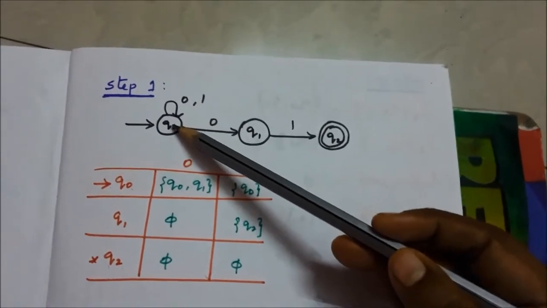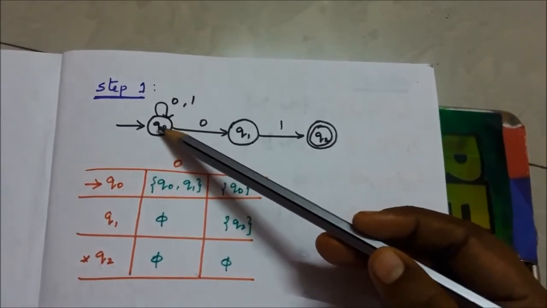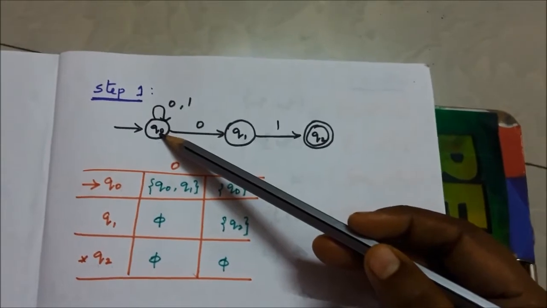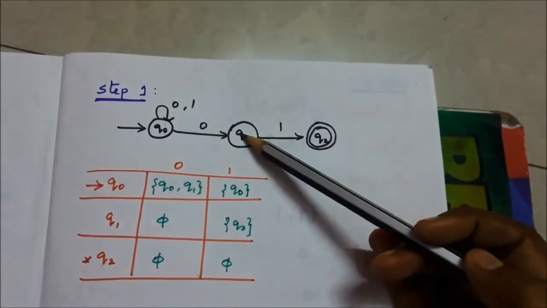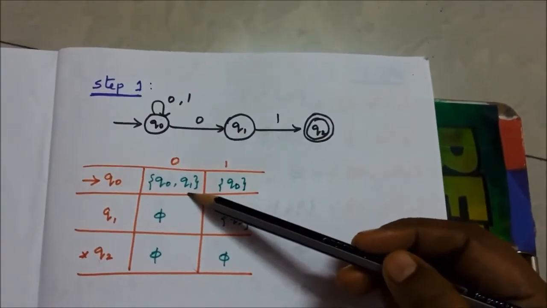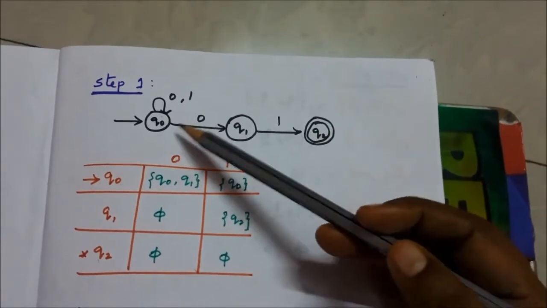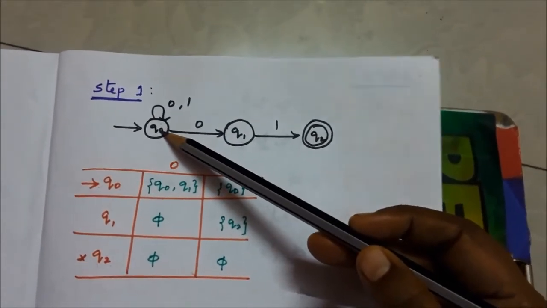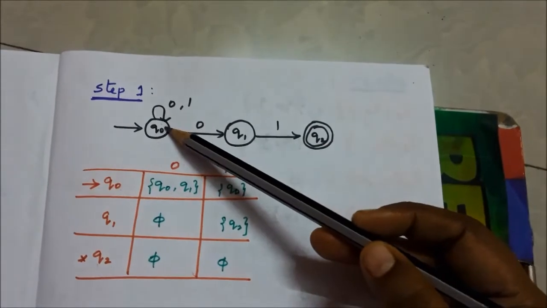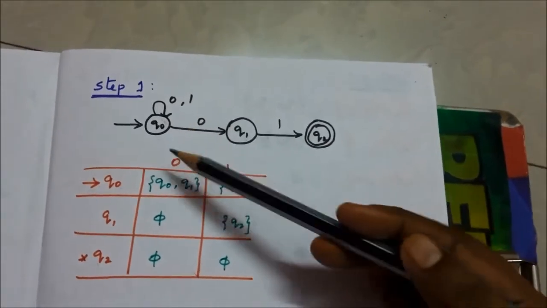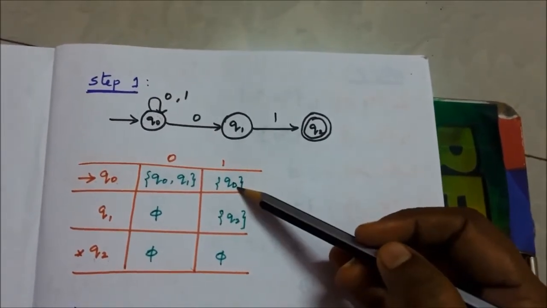When we give the 0 input, Q0 has the transition to Q0 comma Q1, so I have written Q0 comma Q1. When we give the input 1 to Q0, the transition is to Q0 itself, so I have mentioned Q0.